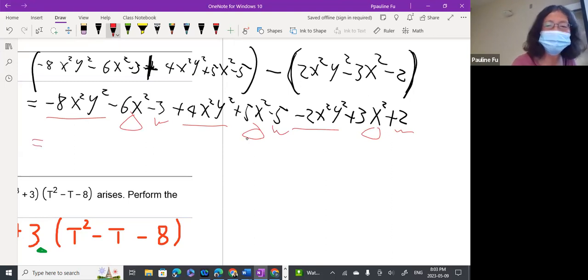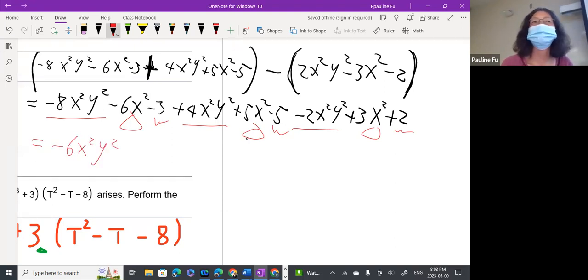So let's do x squared y squared: -8, +4, -4, -2, -6. Then do x squared: -6, +5, -1, +3, 2, x squared. Lastly, do constants: -8, +2, -6.